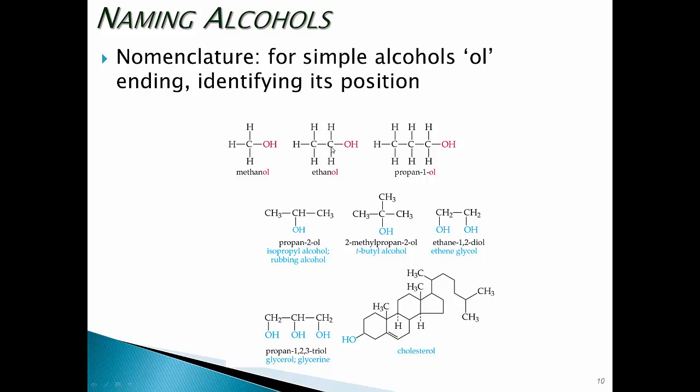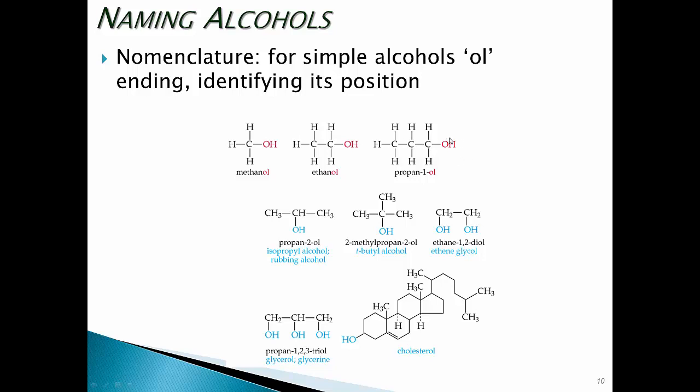Then we've got ethanol when we've got 2 carbons, and propanol when we have 3. With propanol, when we start having 3 carbons, you can have the hydroxyl coming off the terminal carbon, as in propan-1-ol, or we could have it coming off the central carbon, as in propan-2-ol.